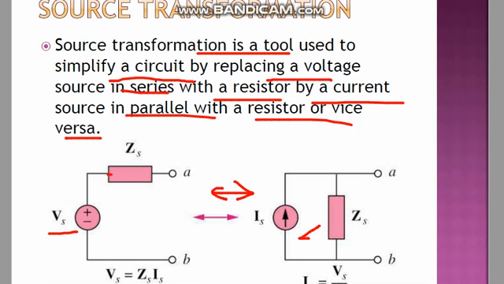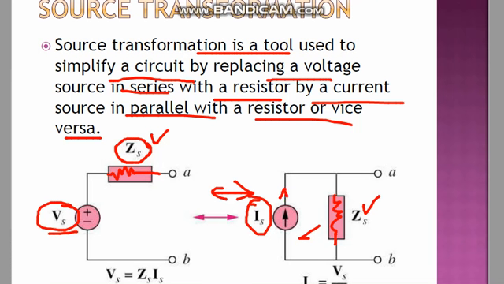The impedance connected in series, just make it parallel. Make the series reactance a parallel reactance, and make the voltage source a current source. You can easily convert it to the current source.